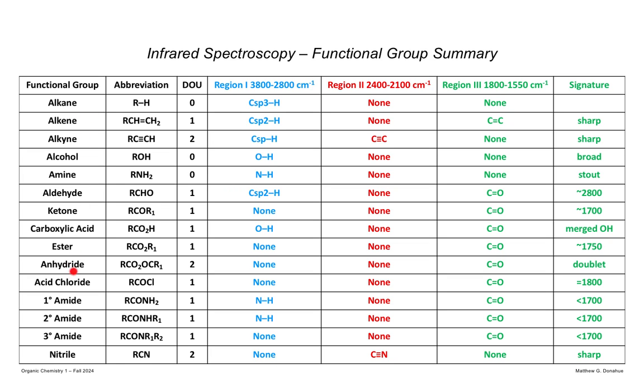So here's your functional groups in column 1, how they're abbreviated. If you can extract out if there's a degree of unsaturation to help you with the molecular formula. The different regions, 1, 2, 3, and then what sort of signature shape are you looking for? Again, since you're taking the exam outside of class, you can refer back to this stuff at your leisure.